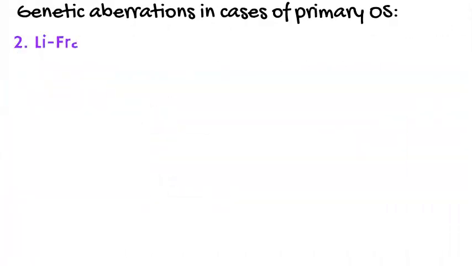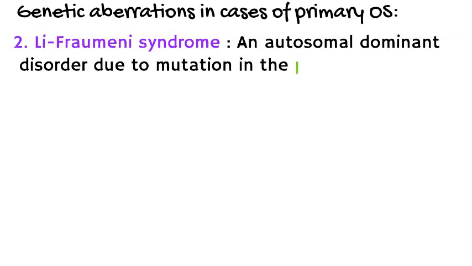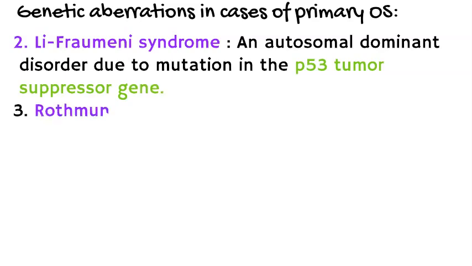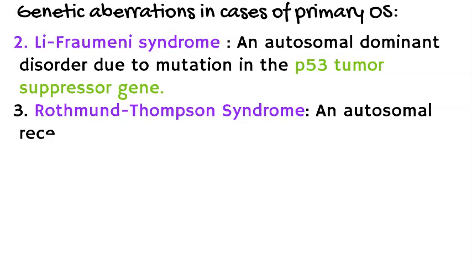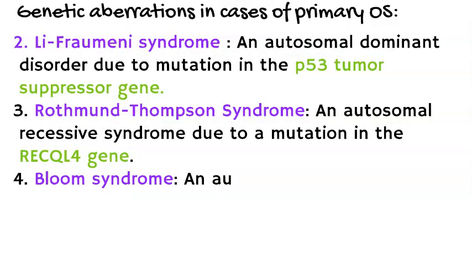Number 2, Li-Fraumeni syndrome, an autosomal dominant disorder due to a mutation in the p53 tumor suppressor gene. Number 3, Rothmund-Thomson syndrome, an autosomal recessive syndrome due to a mutation in the RECQL4 gene.